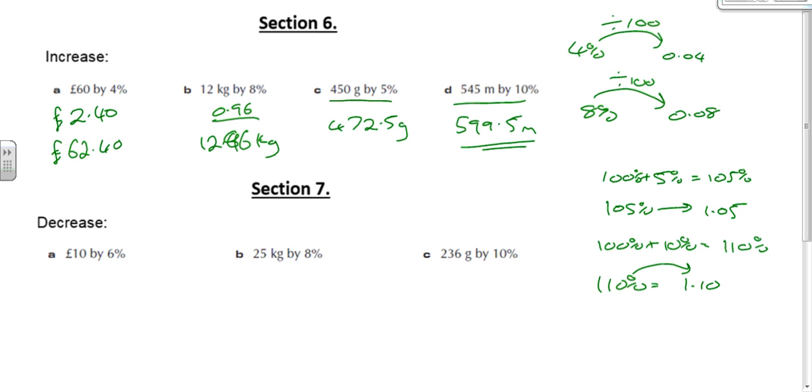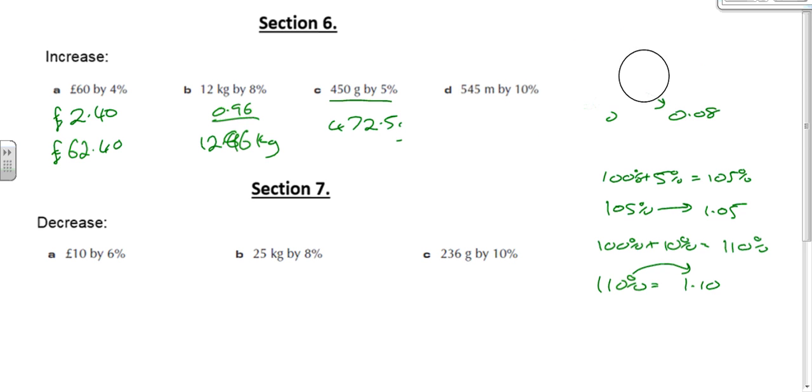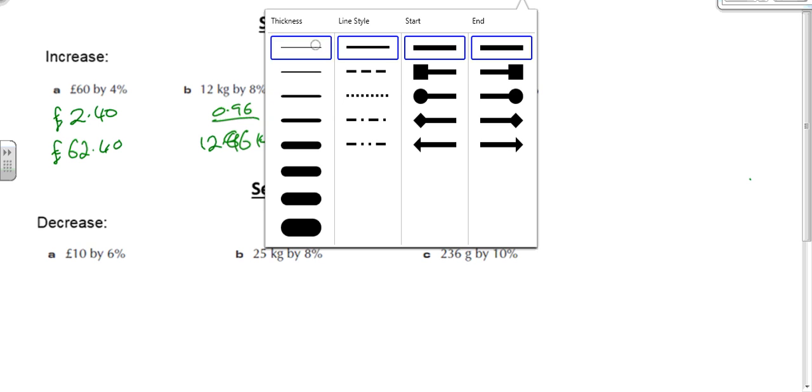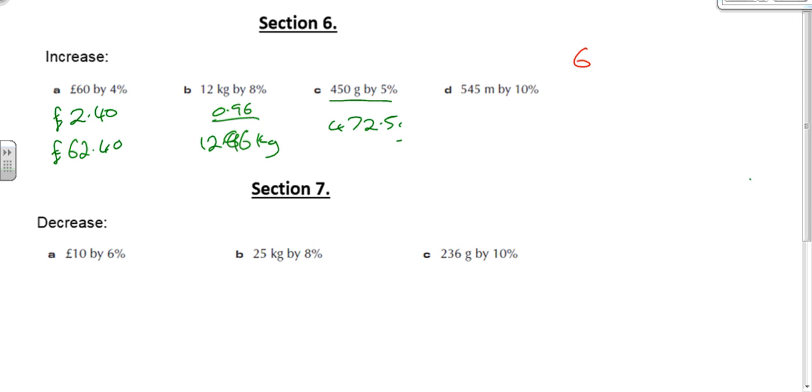So if we do the two methods for section 7, so we're going to decrease £10 by 6%. So let's make some space here. So 6% is going to be 0.06, because remember we need to divide by 100.